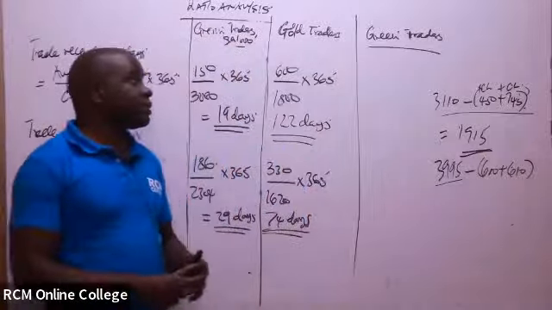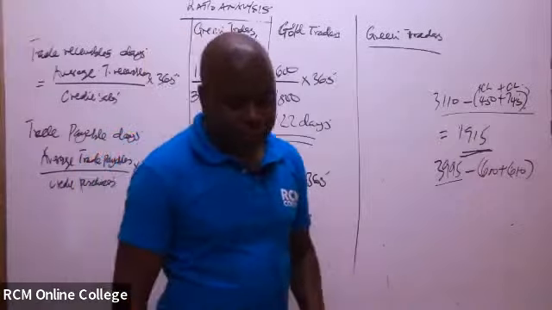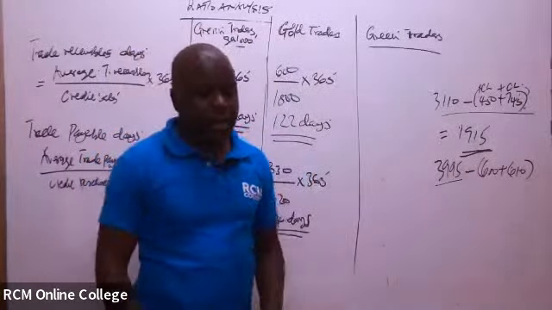So it means overall, in this case, in terms of gross profit margin and net profit margin, gold traders is doing a bit better.